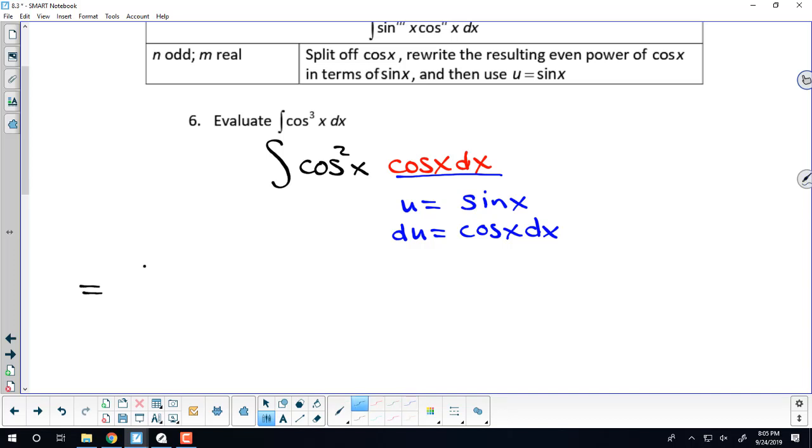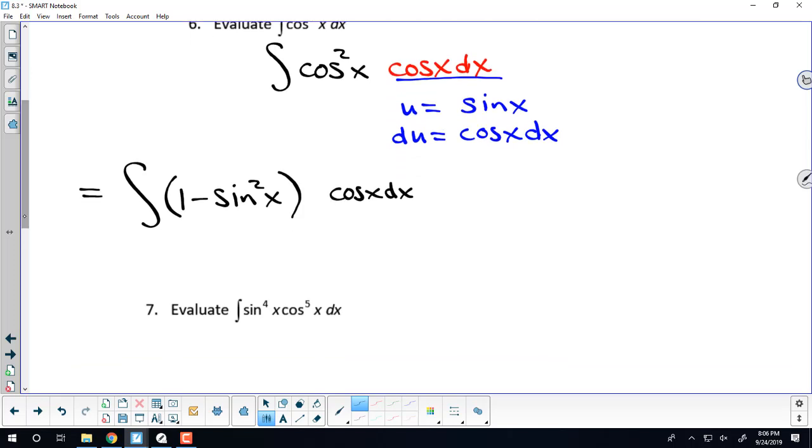So cosine squared is 1 minus sine squared. It kind of hinges on your u substitution, but we're kind of reverse engineering it. Our u substitution hinges on what we split off.